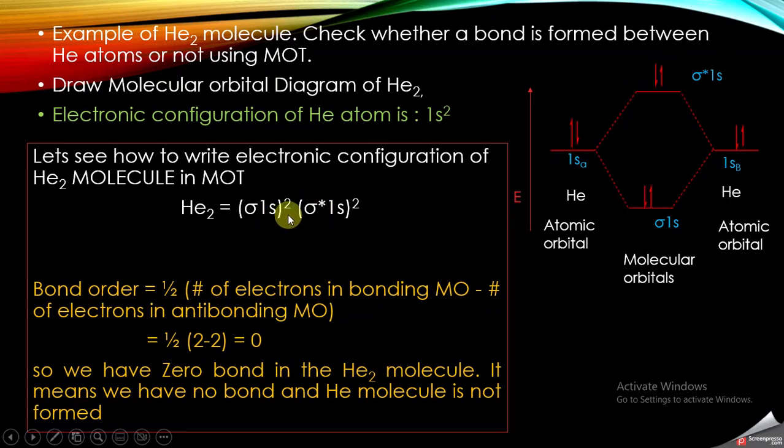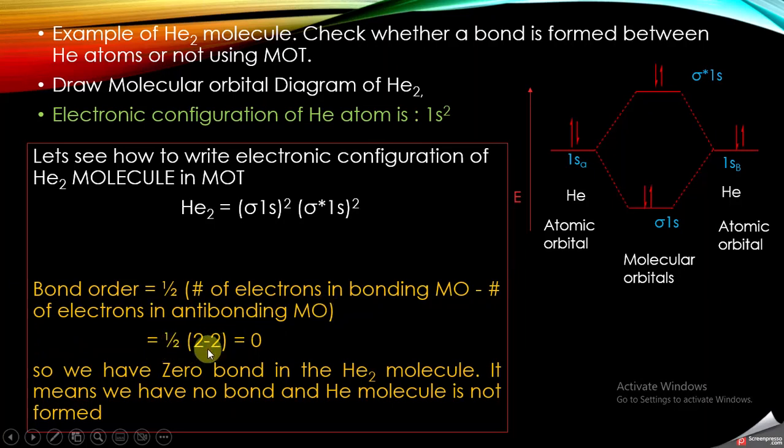We always write these molecular orbitals in the increasing order of energy. Now let us find the bond order, which will give us the information whether a helium molecule is formed or not. We have the formula one half of the number of electrons in the bonding molecular orbitals minus the number of electrons in the anti-bonding molecular orbital.